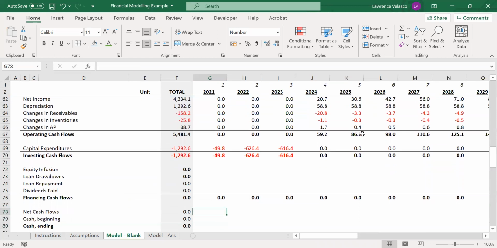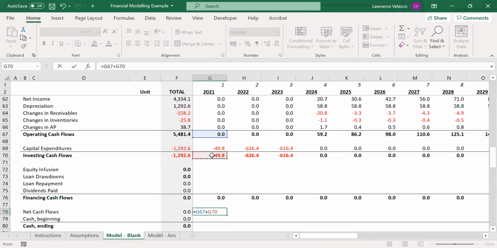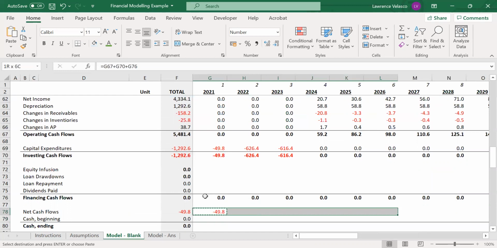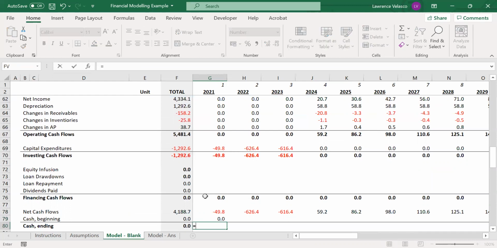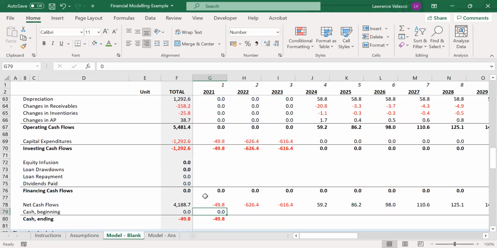How much is the net cash flows? The net cash flows is operating cash flow plus investing cash flows plus financing cash flows. Pwede mo na yung i-add together. Cash beginning for the first year is 0. So when you add the two, negative ang cash ending balance.